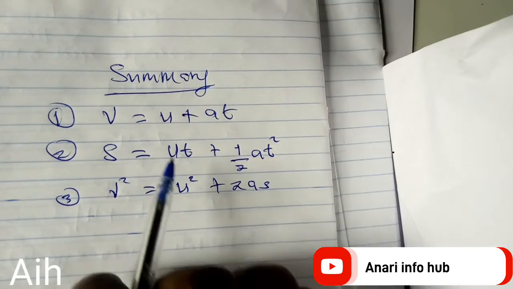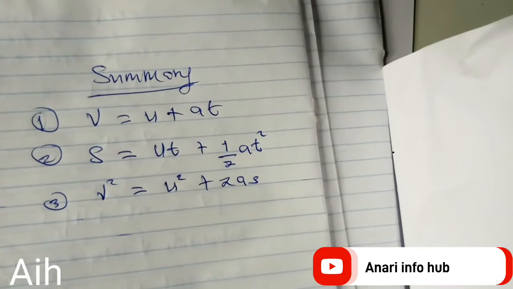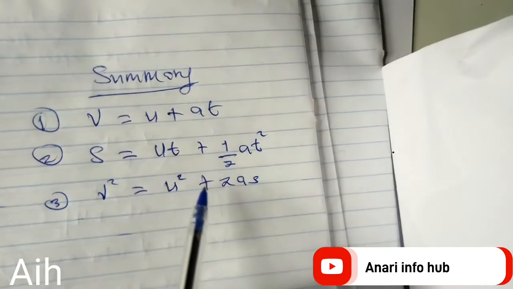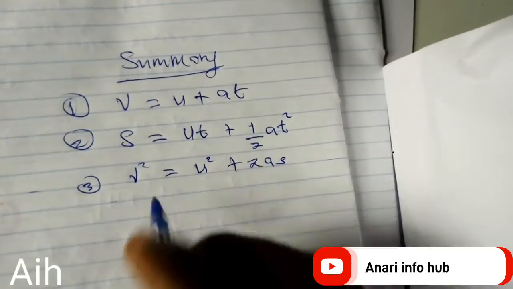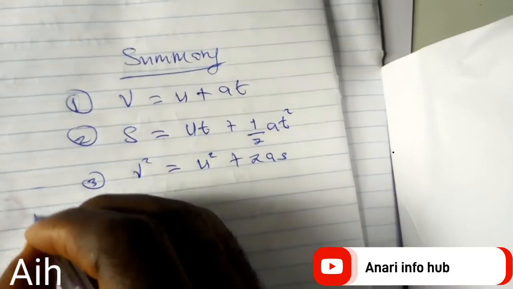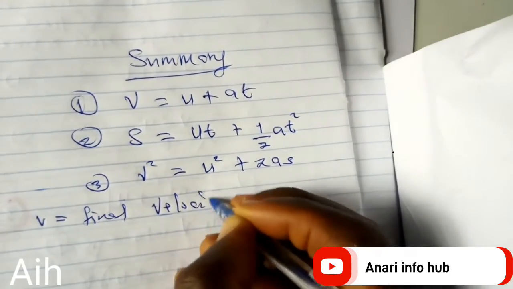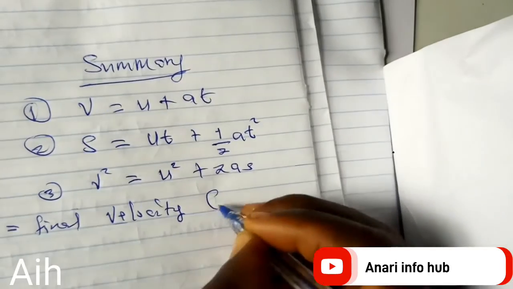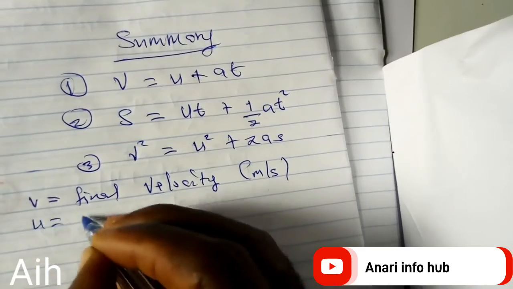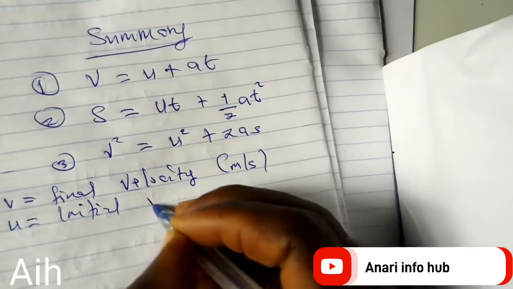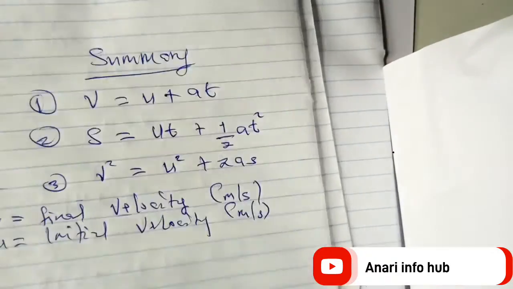Whenever the equations are being asked, at times they may sound confusing, but what you do is you just take note that v stands for final velocity. Remember velocity is always in meters per second, and then u stands for initial velocity, also in meters per second.